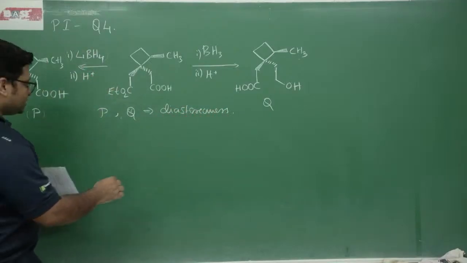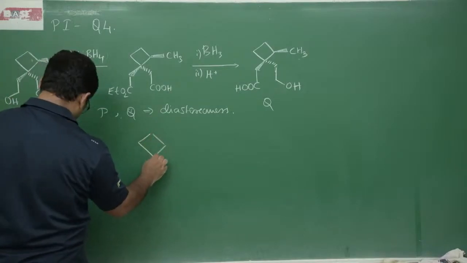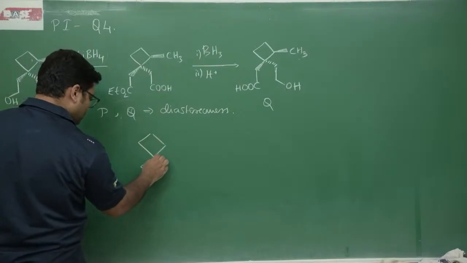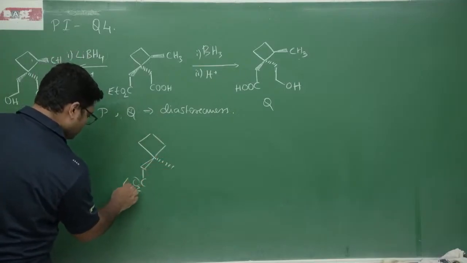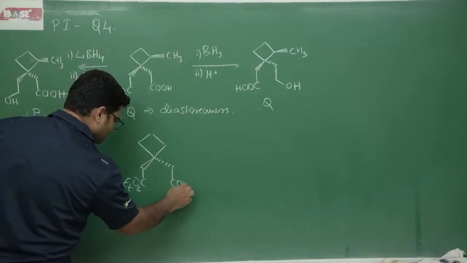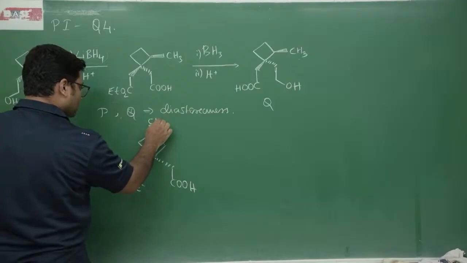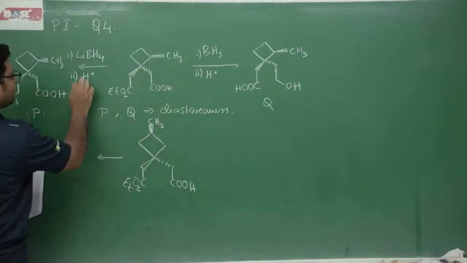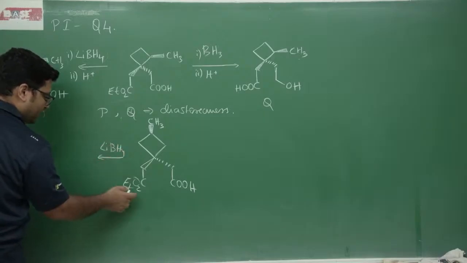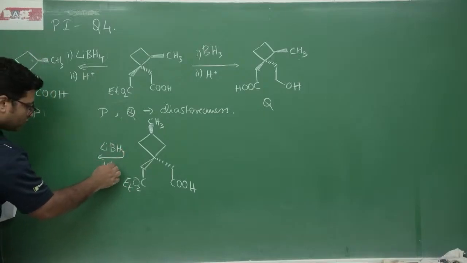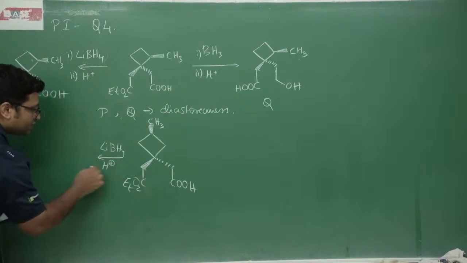Next, one more reaction. In the same way, the second reaction can also be dealt with. Lithium borohydride reduces ester to alcohol, which is obtained after acid hydrolysis, while the carboxylic acid functional group remains undisturbed.